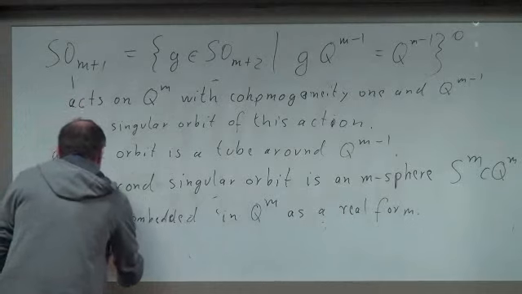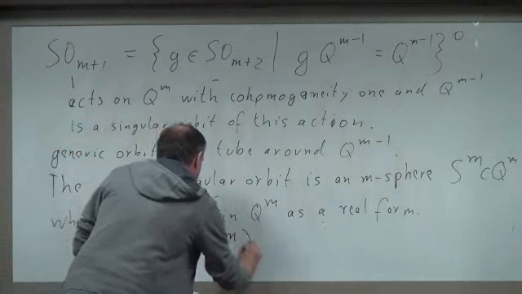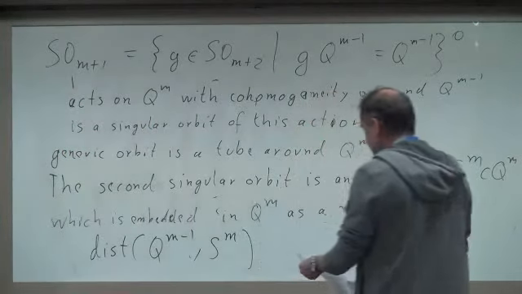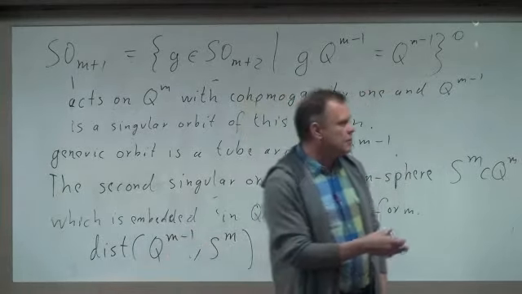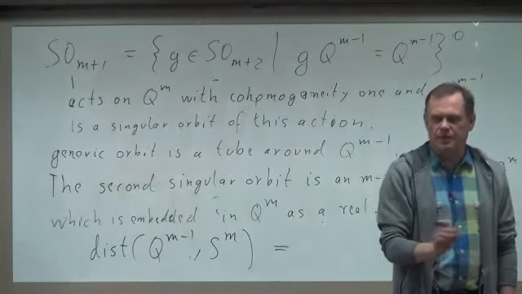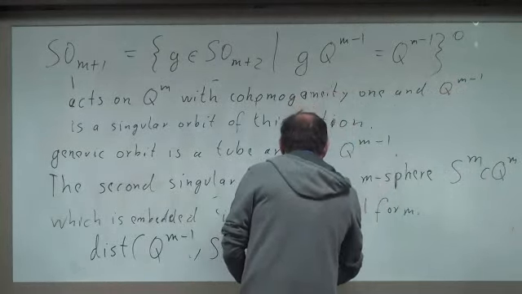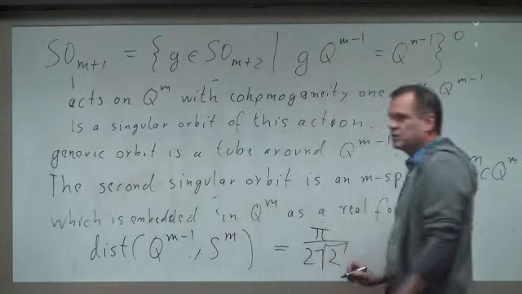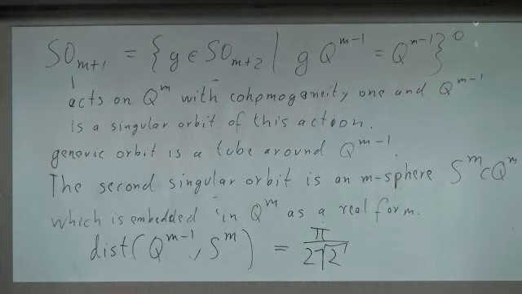So the distance between the two focal sets, the m-1 dimensional quadric and the sphere Sm, with the normalization of the metric that's the way we constructed it as a submanifold from the complex projective space, is pi divided by 2 times square root of 2. So the tubes are defined for all radii between 0 and pi over 2 times square root of 2.